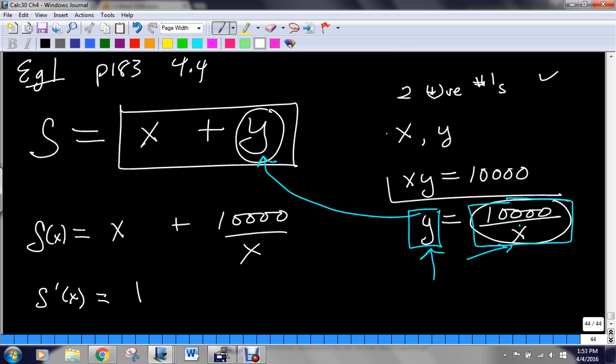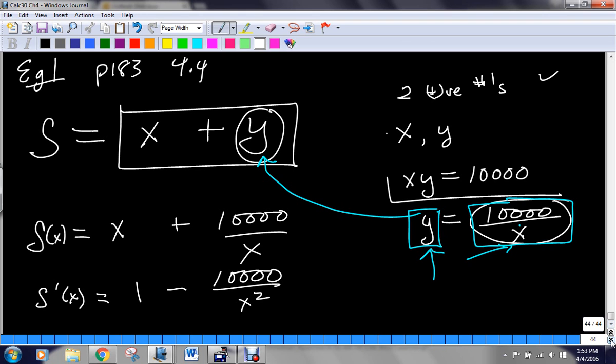Derivative of the top is 0 times the bottom minus the top times the derivative of the bottom, which is 1. So that's minus, I'm skipping a couple steps here because you should know how to do this, minus 10,000 times 1 all over the bottom squared. So this is what you end up with when you take the derivative of that second term. If you have to do that in steps, go ahead. But that's your derivative. Everyone with me there so far?